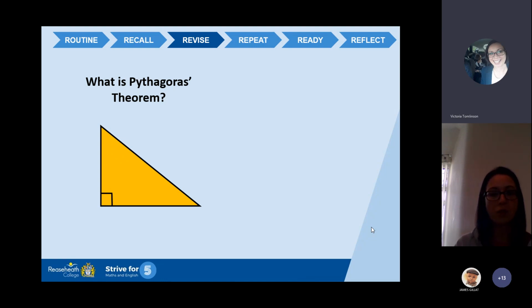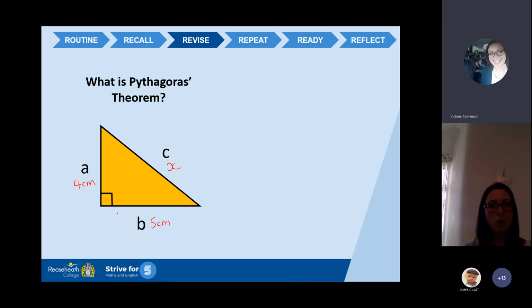So if we get given 2 sides, say we got given A, which was 4 centimeters, and we got given B, which is like 5 centimeters, and the question says, what is the length of x? This is what you'd use Pythag for, because we use it to calculate the length of a missing side of a right angle triangle, which is this.